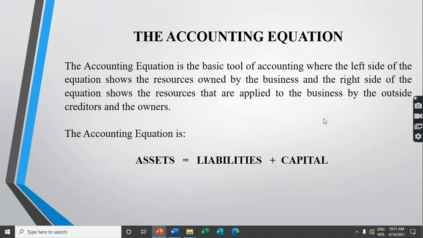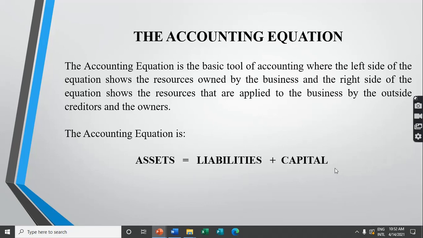Sa right side of the equation naman, shows the resources that are applied to the business by the outside creditors and the owners. So, dito, liabilities plus capital. So, ang accounting equation na sinasabi natin is asset is equal to liabilities plus capital.